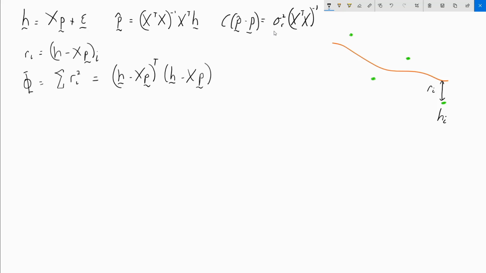And I'm going to say that I have solved the inverse problem. I've estimated the set of parameters which I deem to calibrate that model when I minimize this objective function. With a little bit of matrix algebra, it can be shown that minimization of the objective function leads me to a set of parameter values p hat which are provided by exactly the same equation as I had before.